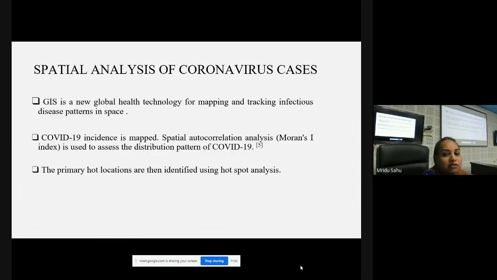So spatial analysis of coronavirus cases with GIS is a new global health technology for mapping. Why? Because remotely we want to perform healthcare tasks. Have you seen that based only on the Aadhaar card, they recognize how many times your vaccination has been done?